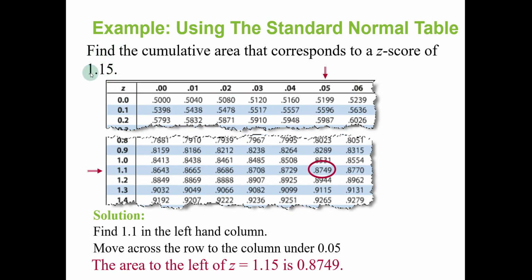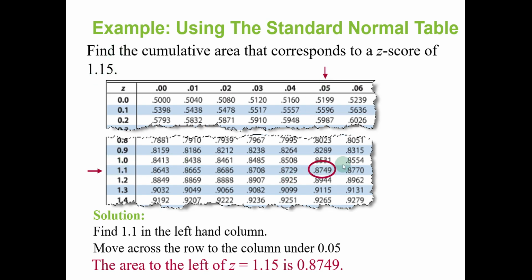It will be the value you have before your decimal and the next digit immediately. So here, for example, you will go to row 1.1 and column 0.05, because when you add them, you will have 1.15.